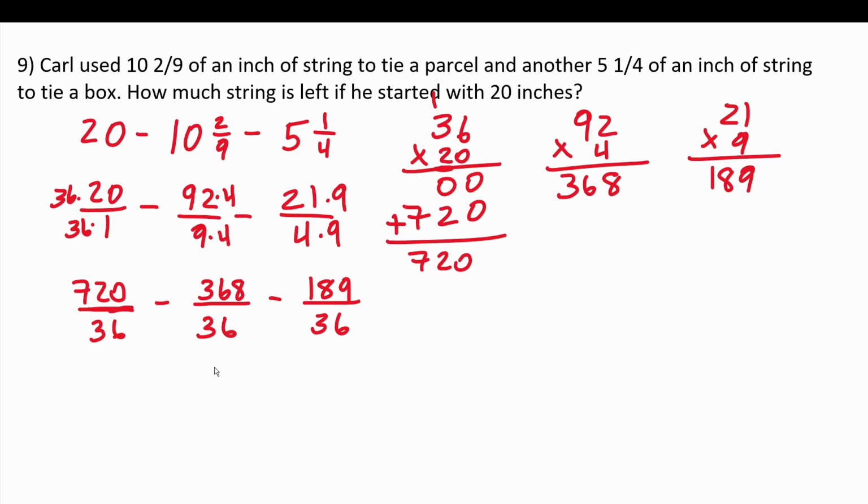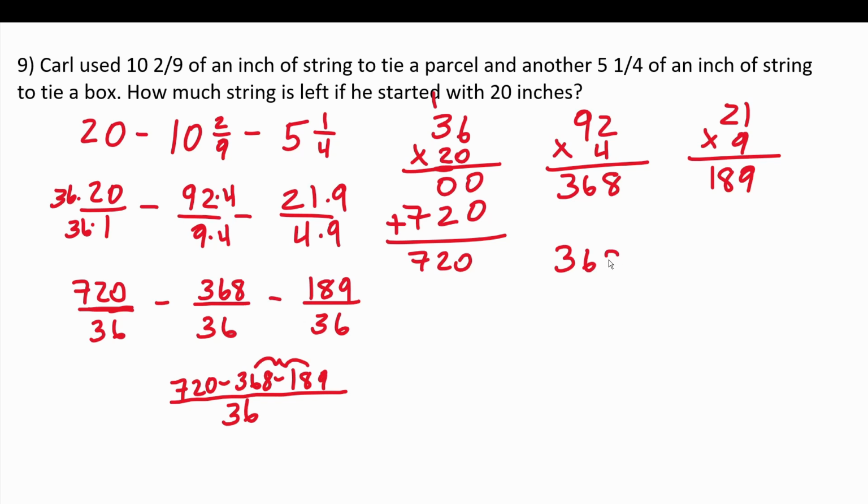All right, and as we've seen in this video so far, now that these are all written with the same denominator, we can do this. 720 minus 368 minus 189. And to make this a little bit easier, I'm going to combine these two real quick.